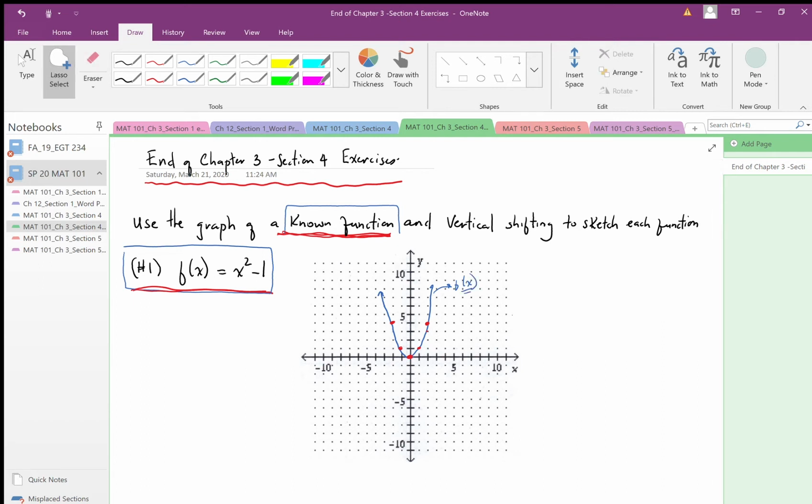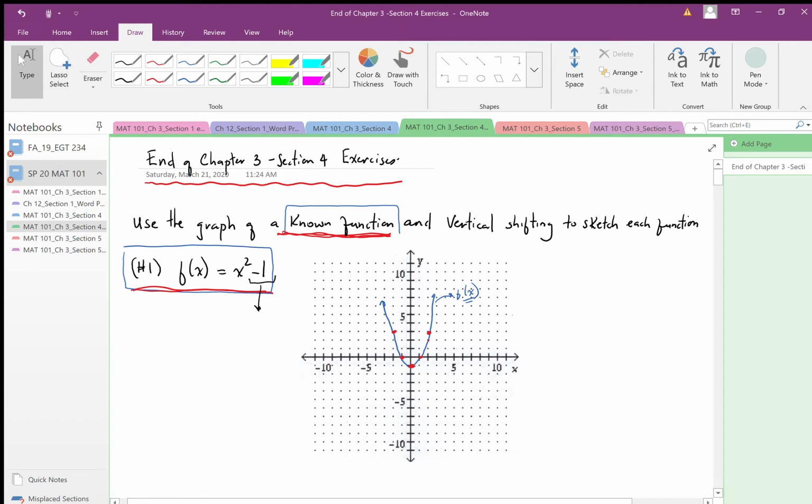And then they want us to shift this vertically by -1. So this right here symbolizes that we have to shift the graph down by 1. And in doing so, it looks something of this nature. I could just bring this down here by 1.